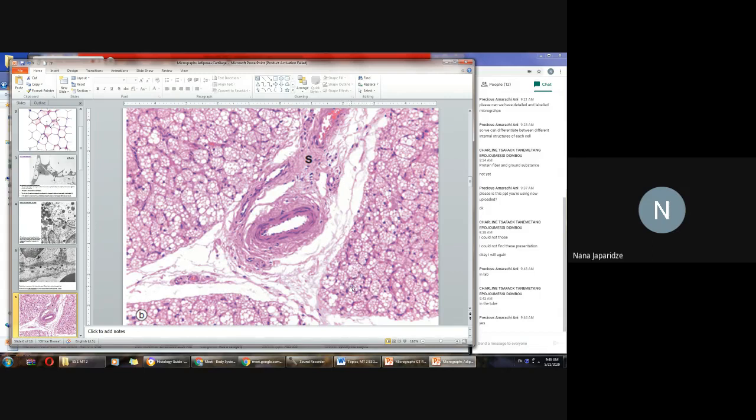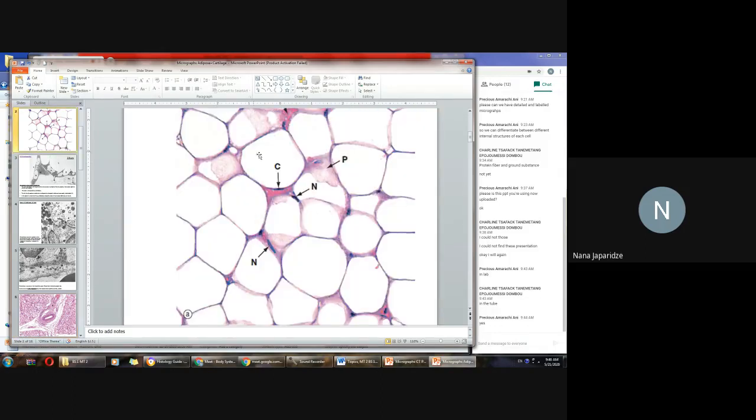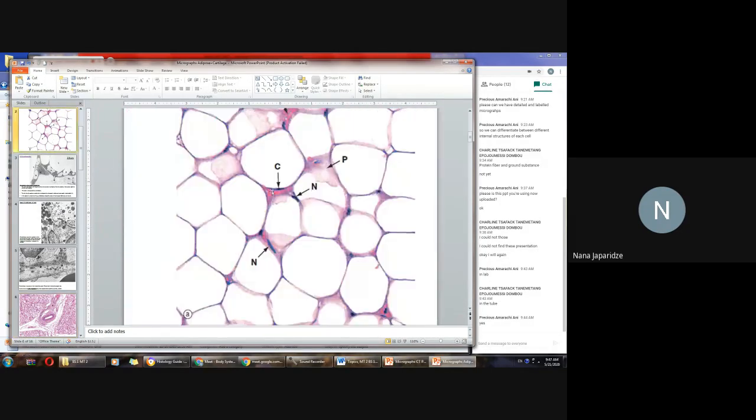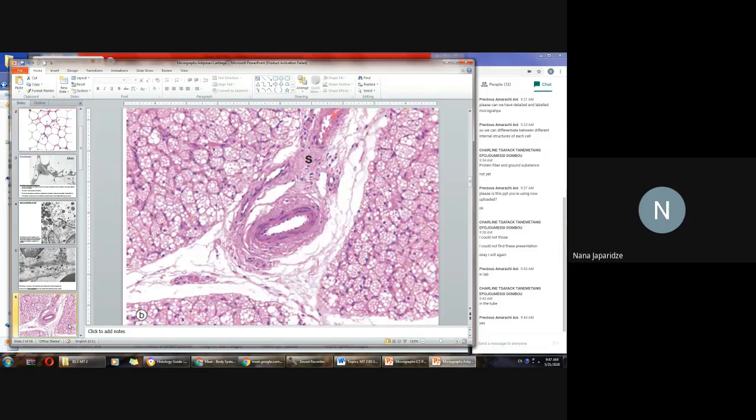And what is characteristic for white adipocytes and brown adipocytes? White adipocytes have one clearly visible big droplet of lipids. This, I am talking about this white one. And the brown adipocytes have a lot of droplets.